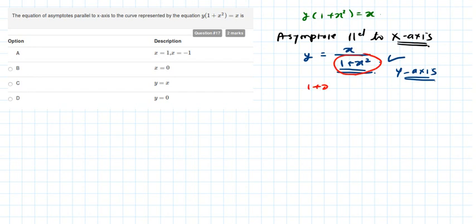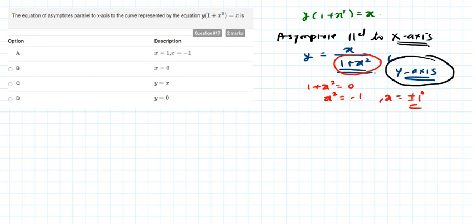So 1 plus x square is equal to 0, so x square is equal to minus 1. So x is equal to plus minus i, which is imaginary. So the asymptotes parallel to the y-axis do not exist.